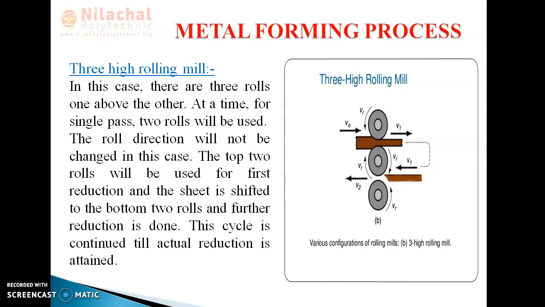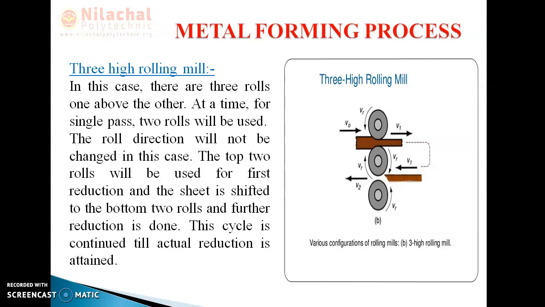For the initial rolling of the ingots, we use the 2 high roll mill, and for the final products, that means when the sheet is to be final rolled, we use the 3 high roll mill.